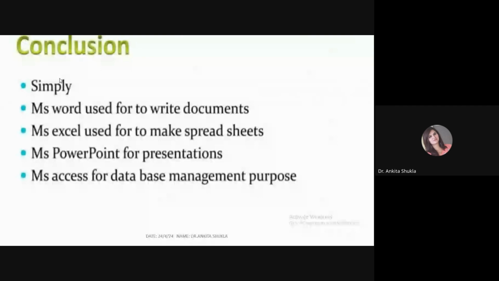So simply, MS Word is used to write documents, MS Excel is used to make spreadsheets, MS PowerPoint is for presentations, and MS Access is for database management purposes. So these are the main basic things that we use in MS Office.